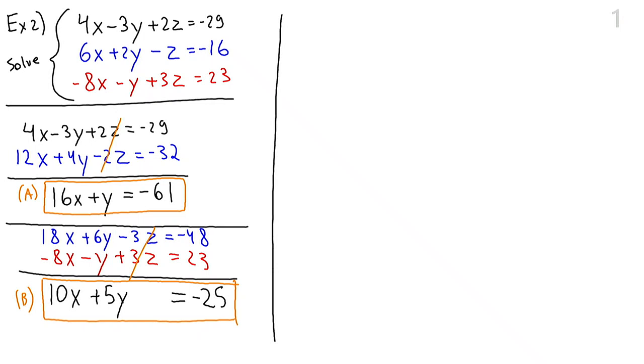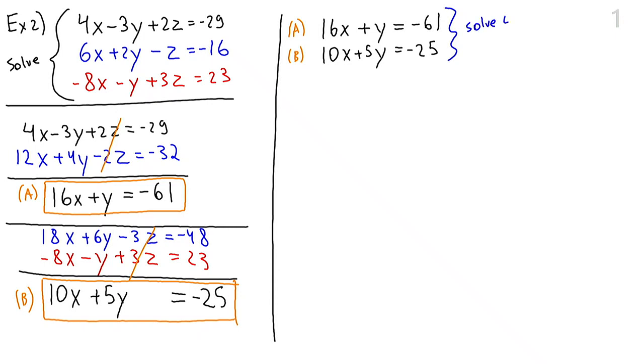And now I'm going to solve this system of two linear equations and two unknowns. So this is my equation A, and this is my equation B, and now I'm going to solve this two variable system.